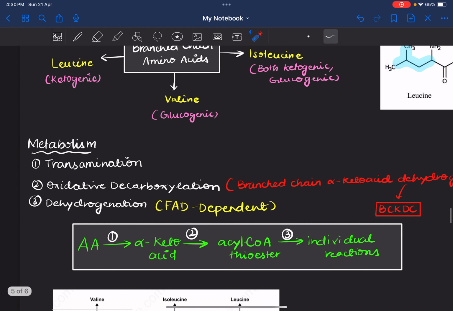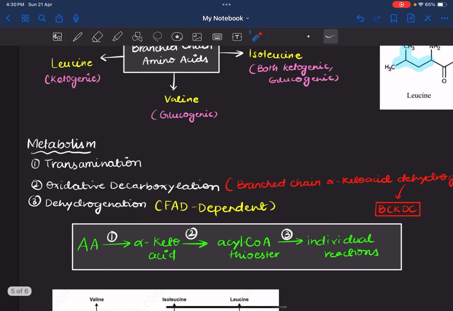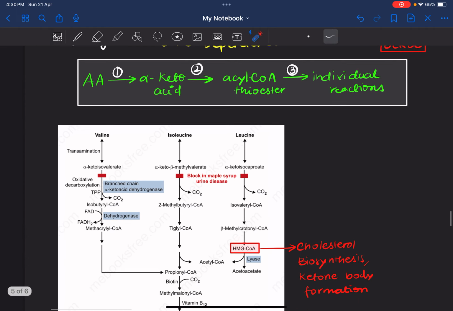So once it has been oxidatively decarboxylated to its corresponding acyl CoA thioester, it is going to be acted upon by dehydrogenase enzymes which are FAD dependent. This third step is similar to the first step of beta oxidation of fatty acids, and then the remaining steps are different for different amino acids. So let us look into the metabolism in detail.